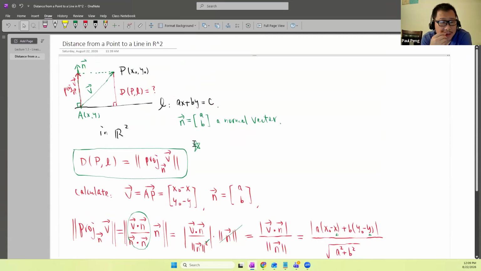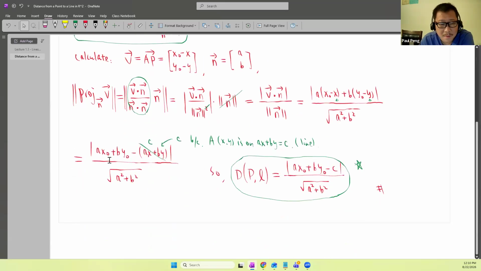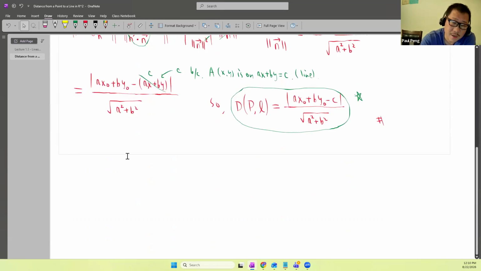So we can extend this. We talk about a two space. I give a line, give a point. What if now it's a three space? I give a line, I give you a point, how can we find the distance? Probably we can talk about a little extension.